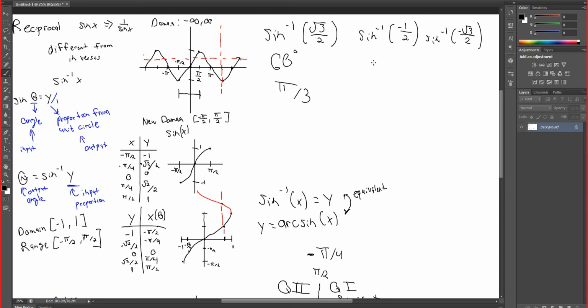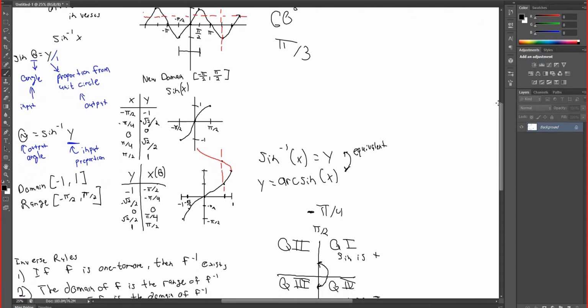Isn't it half over 2? No, that's wrong. So you're looking for quadrant 4, because we know we can only work in quadrant 1 or 4. So we need to have a negative, right? So sine is going to be in quadrant 4 then.